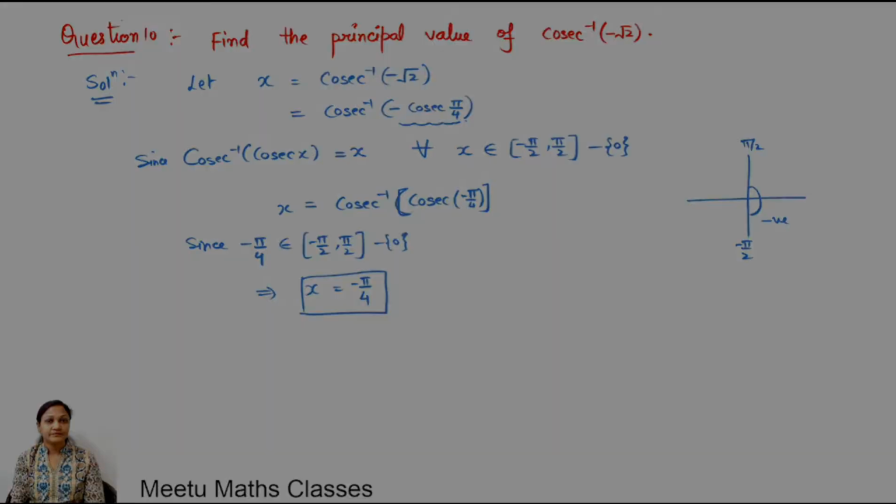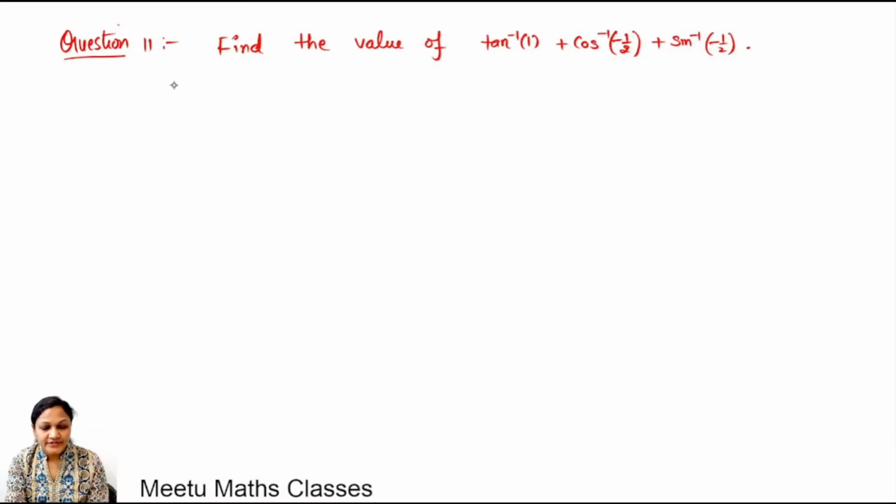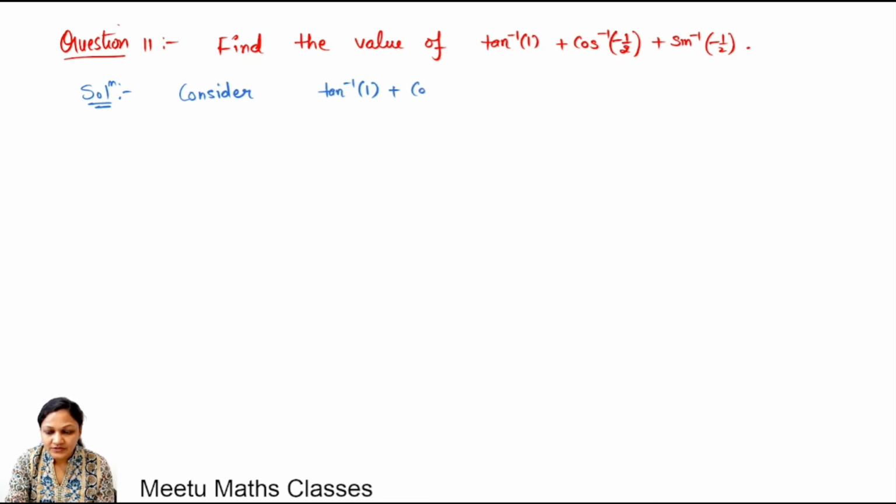Now your next question is find the value of tan inverse 1 plus cos inverse minus half plus sin inverse minus half. Now to find the value of this, consider tan inverse of 1 plus cos inverse of minus half plus sine inverse of minus half.